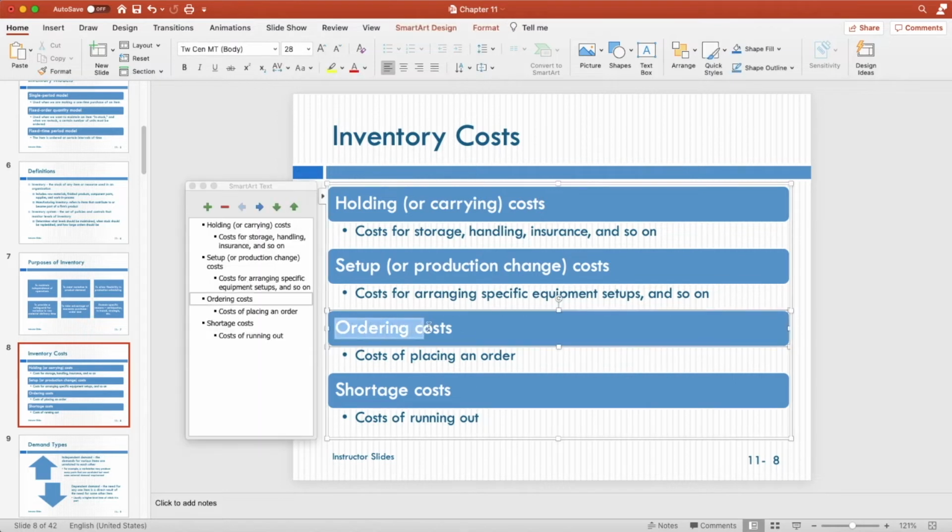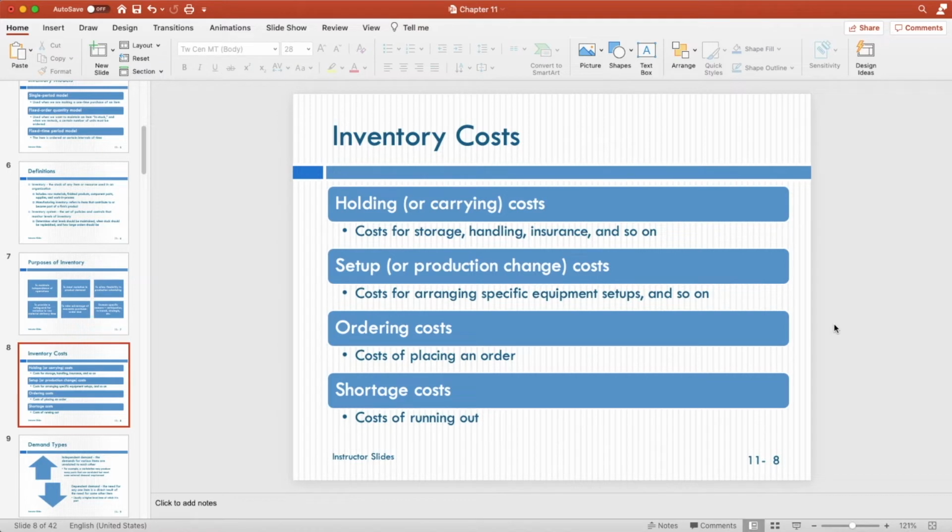Or ordering cost. Ordering cost is also a very important type of inventory cost. As I just mentioned, each time you are buying some raw material from your supplier, your supplier probably will use a truck or even an airplane to move their raw materials from their factory to your own warehouse. So they will incur ordering costs.